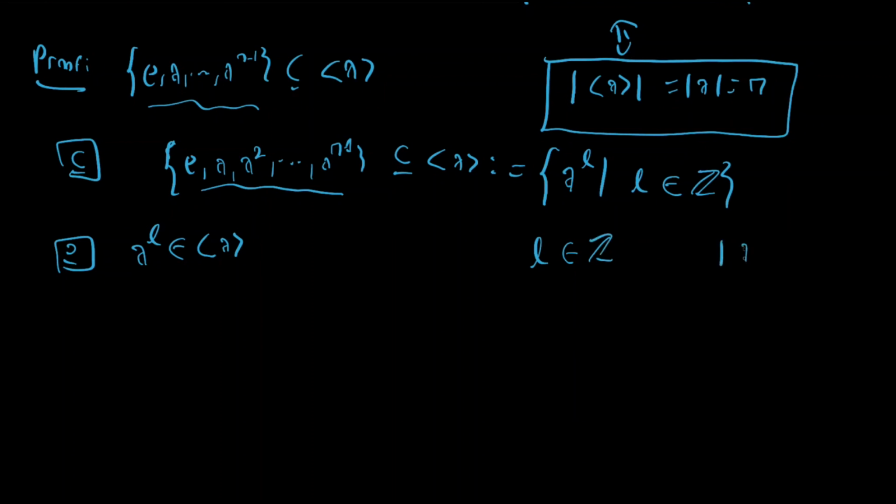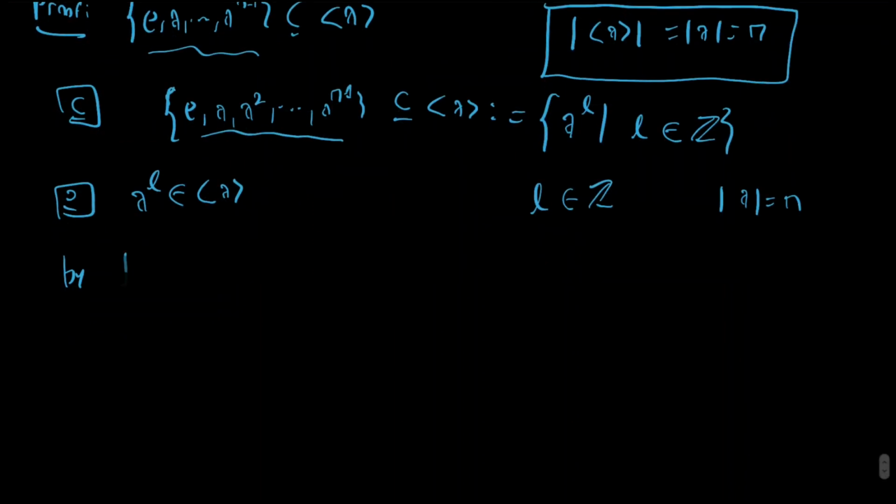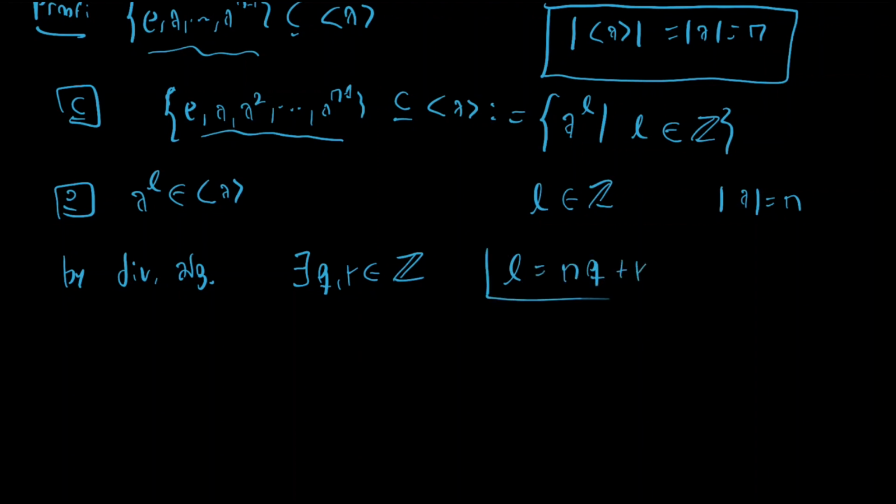Again, calling the order of our element A n, by the division algorithm, which is a pretty important number theoretic fact, we can express our L. We will be able to find integers q and r, the quotient and the remainder, respectively, such that L can be written as n times q plus r, where r is less than n and greater than or equal to 0.